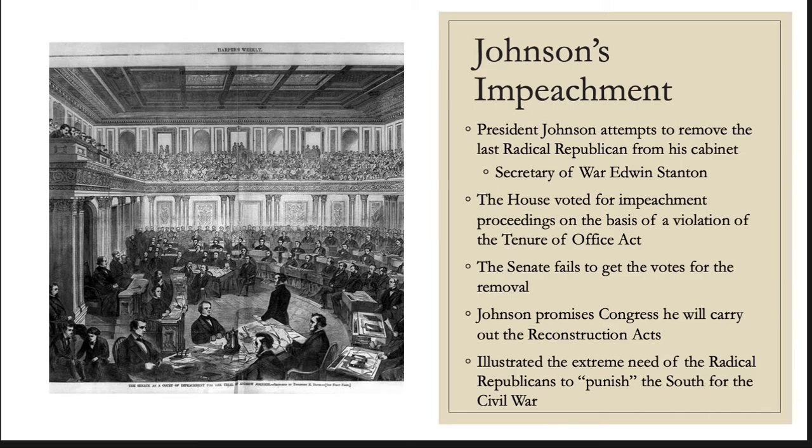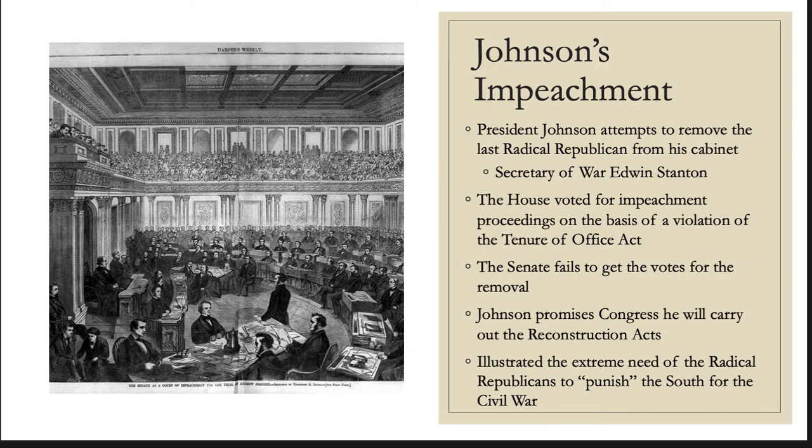The Senate makes a really smart political move here. The Senate does not vote to remove Johnson from office. They fail to get all of the votes, but this works in their favor because Johnson, knowing that he gets to live another day as president, promises Congress he will carry out the Reconstruction Acts that they had proposed.